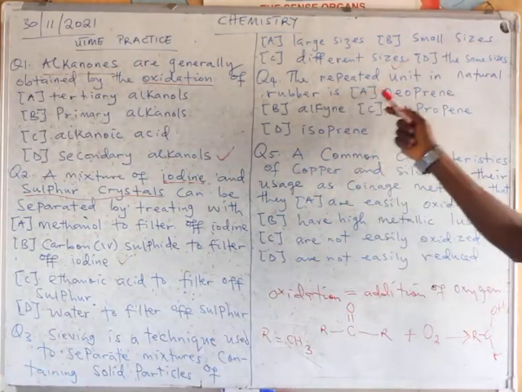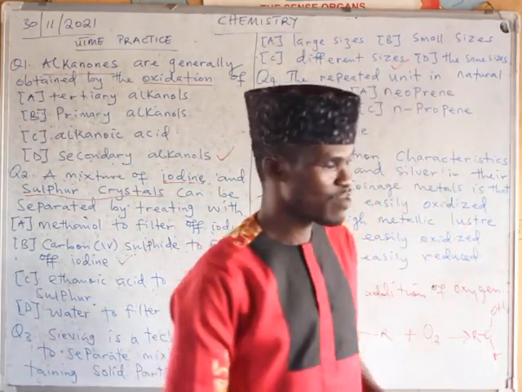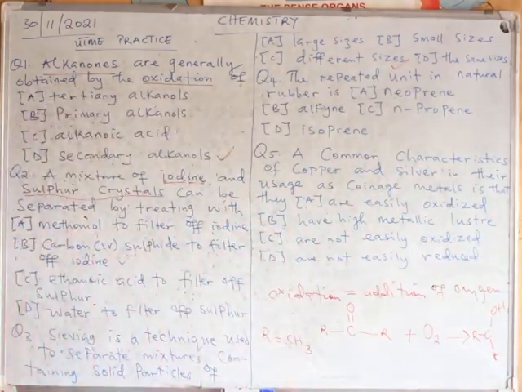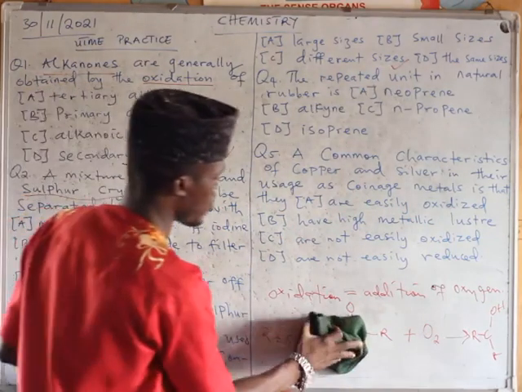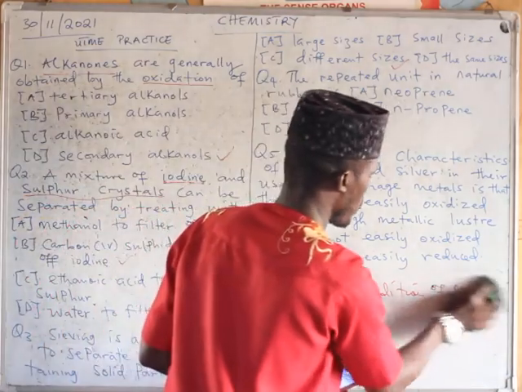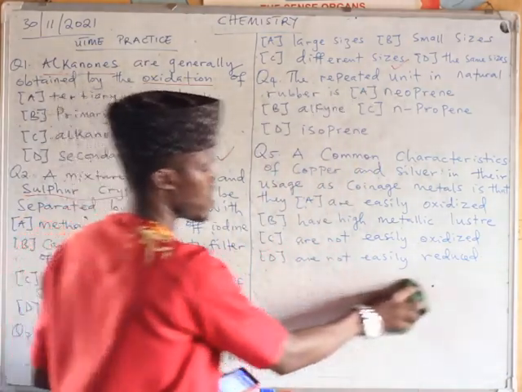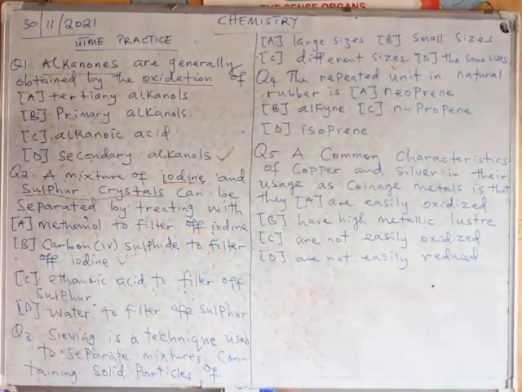Now, when we say repeated units, we are talking of monomers. We're talking of what? Monomers. Monomers are smaller molecules that come together to form giant molecules. And those giant molecules formed by monomers are referred to as polymers.